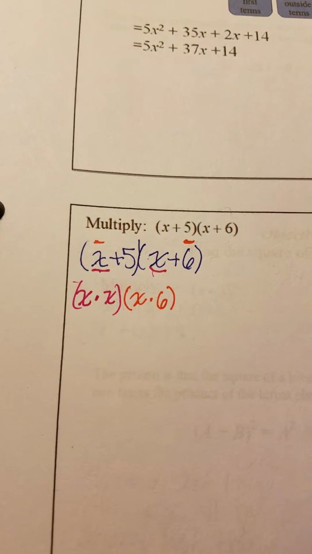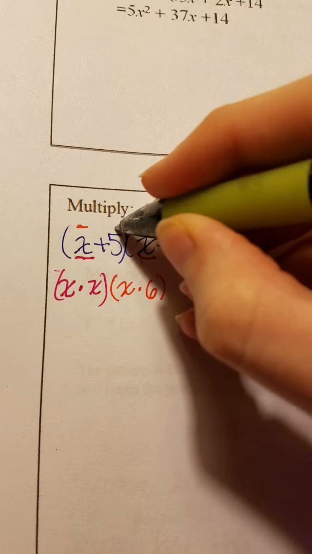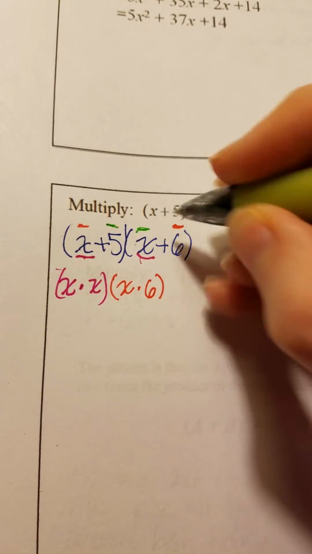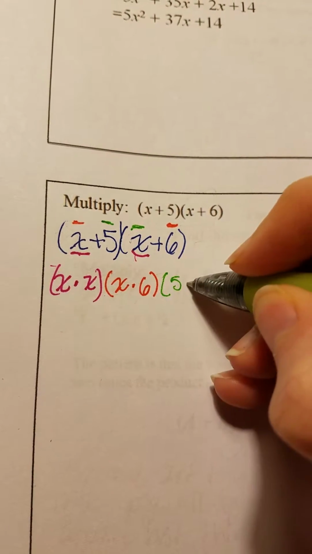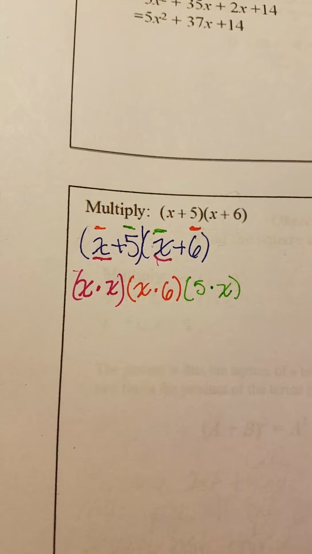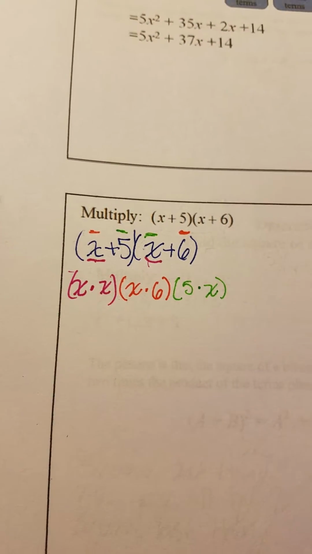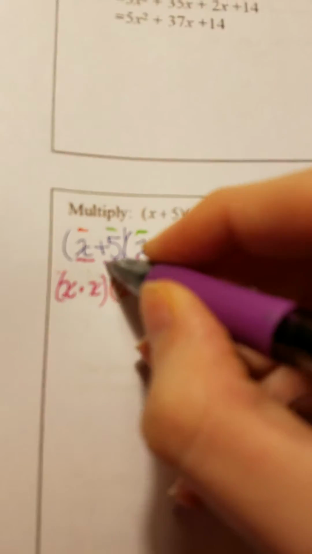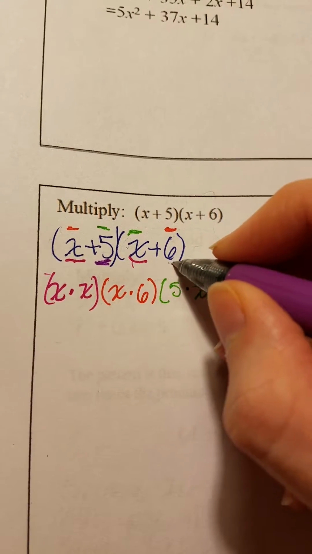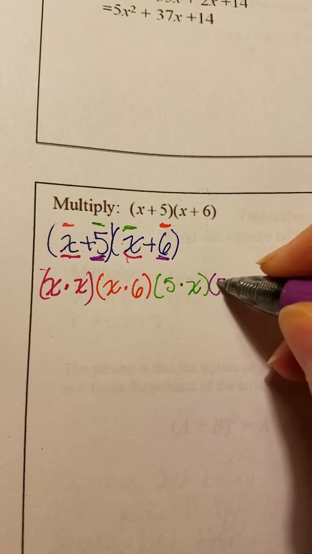And then our inner, 5 times x. And then our last, 5 times 6.